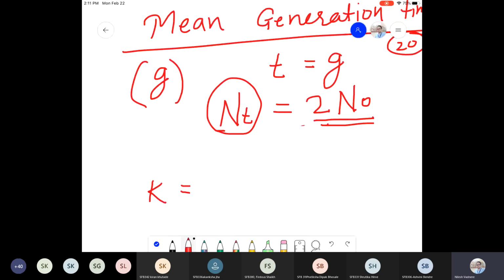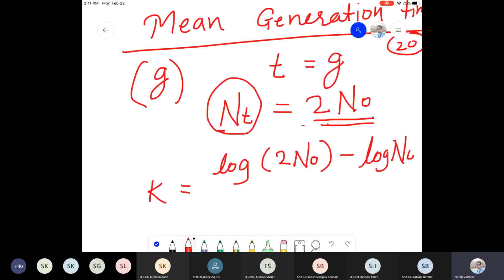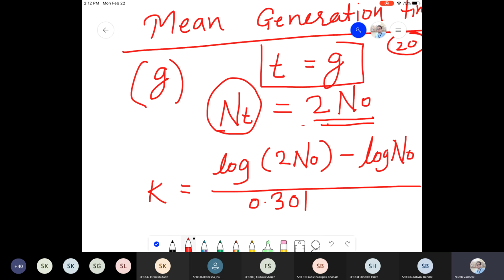So k is equal to log of, instead of writing nt we will write 2n0 minus log of n0 divided by 0.301 into t, but we have here derived that t is equal to g, that is generation time.